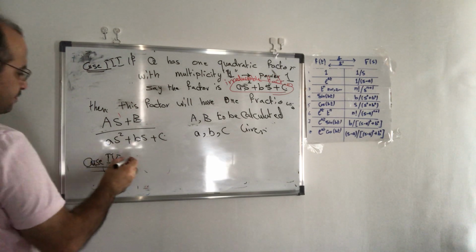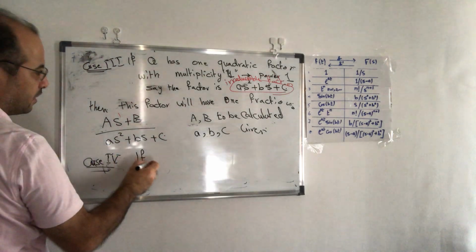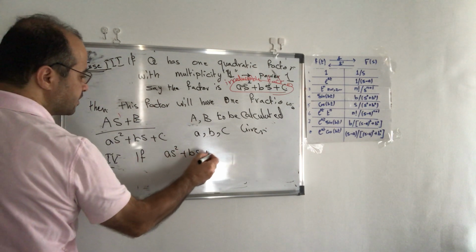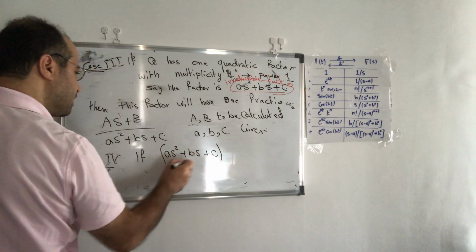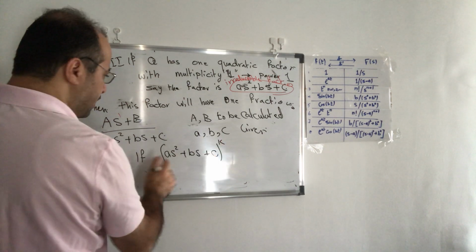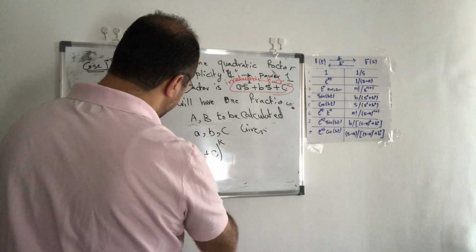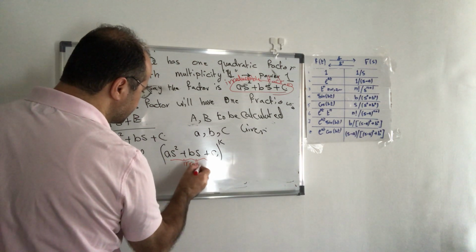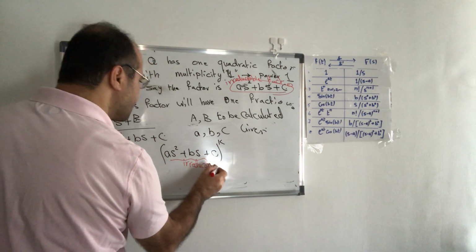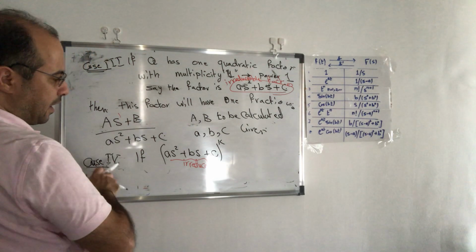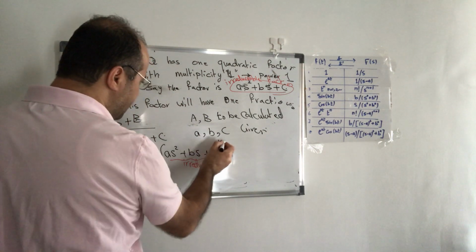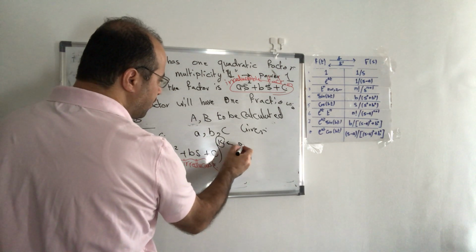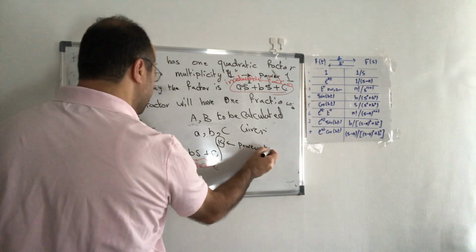If you go with case 4, if this thing, which is s squared plus bs plus c, has multiplicity k. So irreducible, and with multiplicity, power k. Yeah?